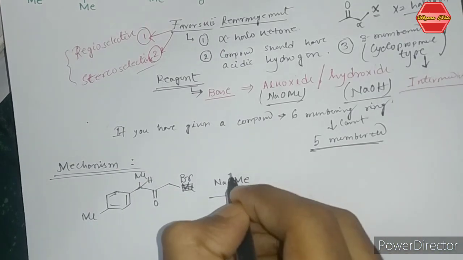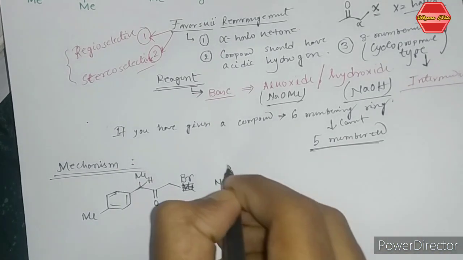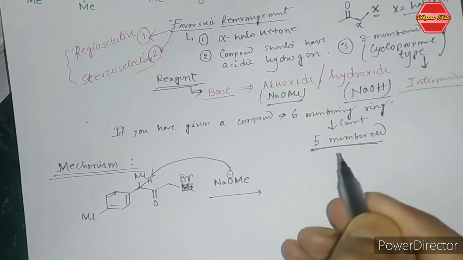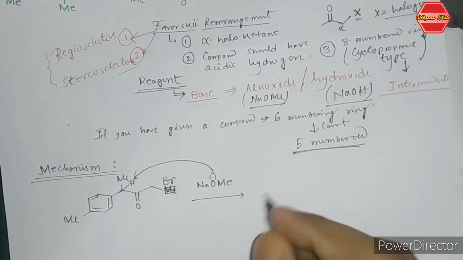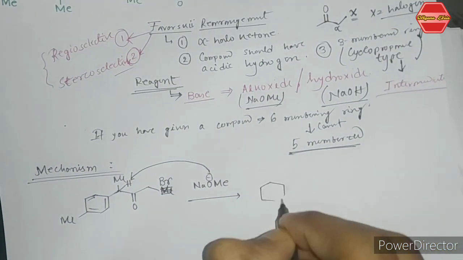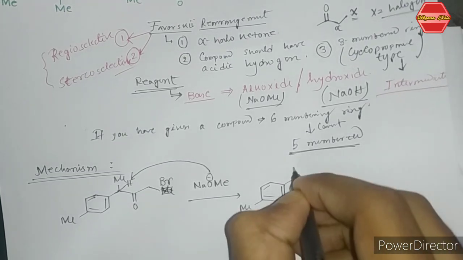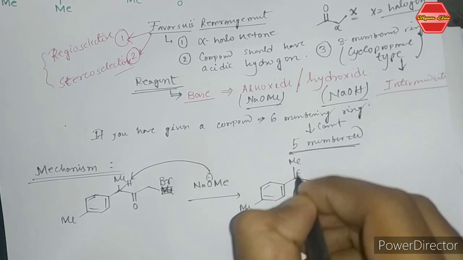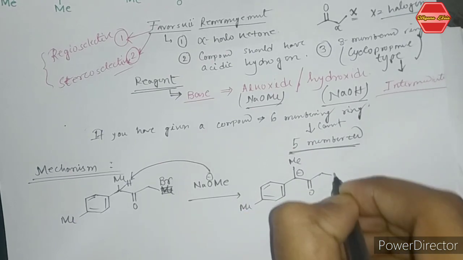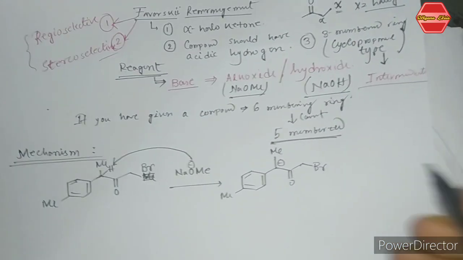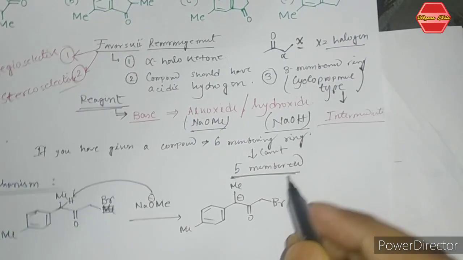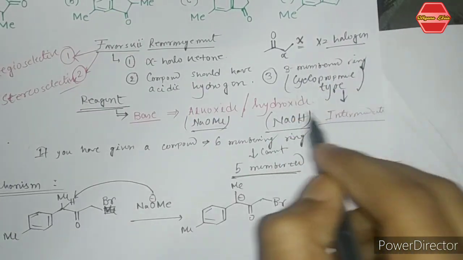So this methoxide can abstract the proton from this side, and this is the acidic proton as well, and there is a formation of this Br. Now I already mentioned that there is formation of a 3-membered ring, so how is it formed?